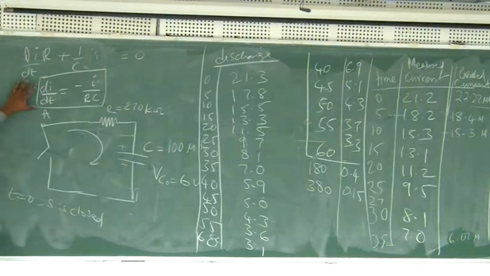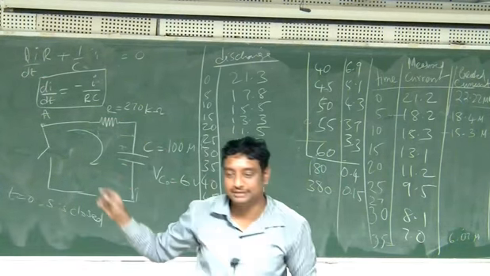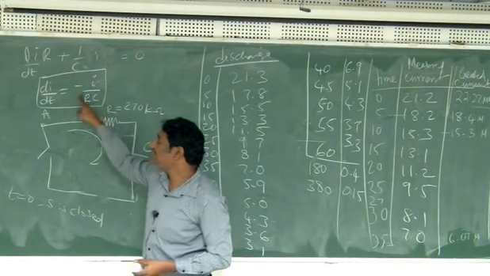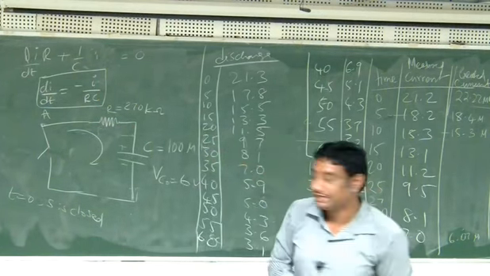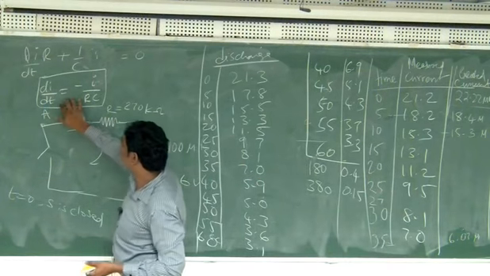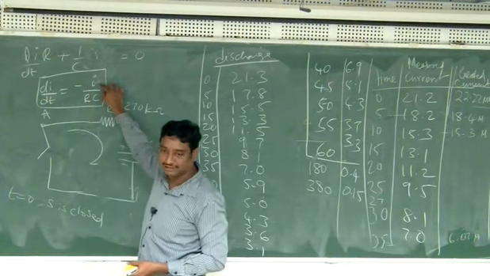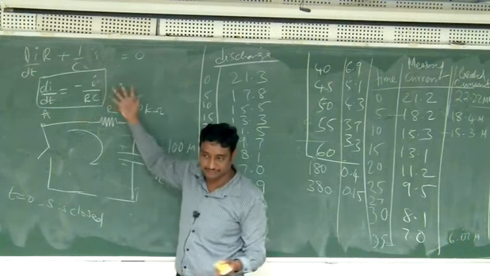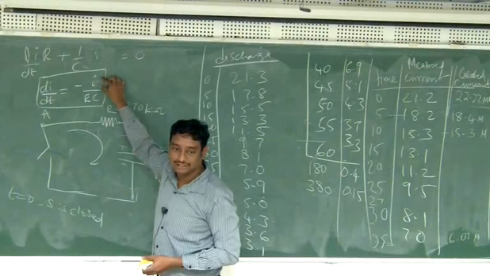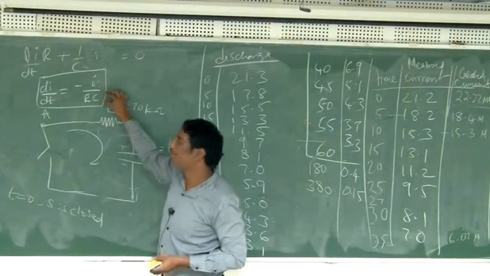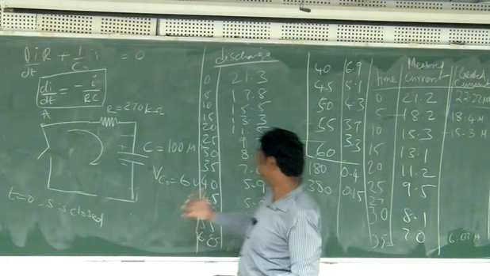See, di by dt is the rate of change, but because of the minus sign, I will say it is the rate at which current will fall. The rate at which current will fall is nothing but the current value itself divided by some constant of proportionality. So if I is more, it will fall faster, and if I is less, it will fall slower. So that's what you are seeing now.